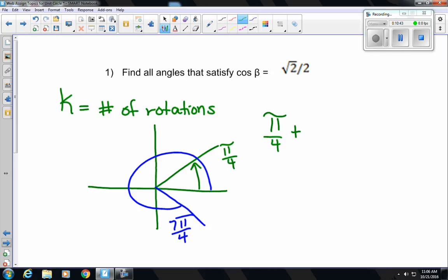So instead of adding pi k, I need to add 2 pi k. Comma. Where's my next one? 7 pi over 4. If I just add 180, where does that put me? At 135. Does that have a positive cosine of root 2 over 2? So I have to make a full rotation.